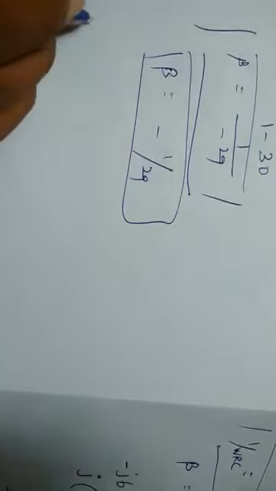From Roman letter 1, we have already solved the gain A equals minus RF by R1.